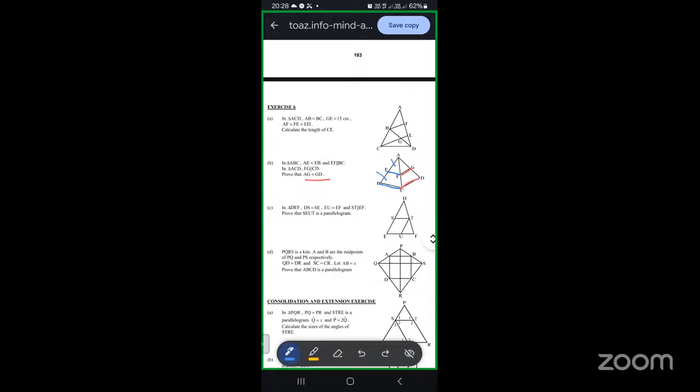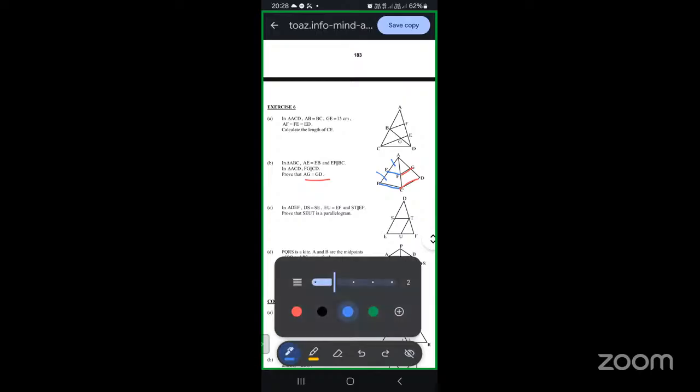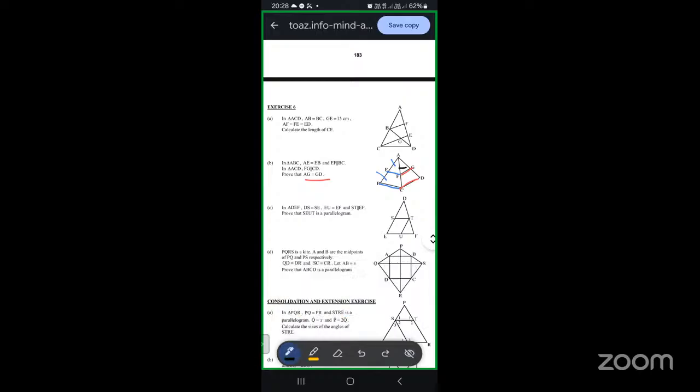Doesn't it say this one will be equal to that? Yes, sir, it does. That AF will be equal to FC, then your reason is the midpoint theorem. Okay. Now we are done with this triangle ABC.